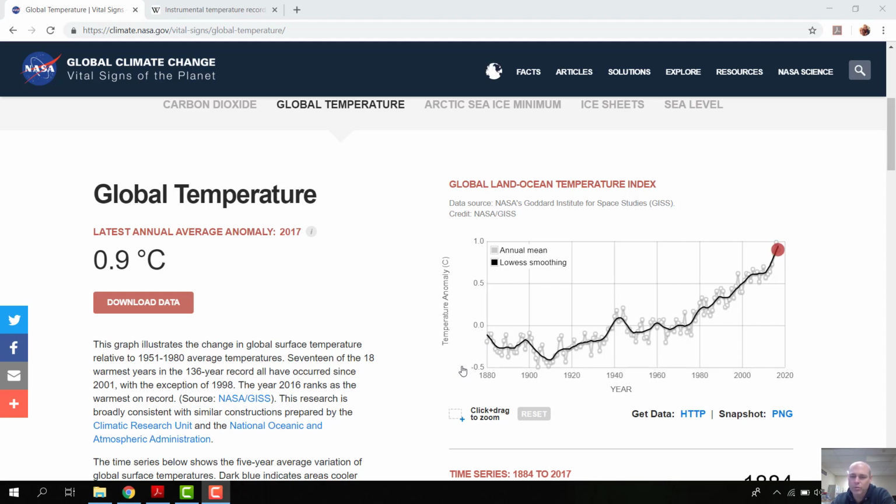So differences between high and low temperatures and averages. You can think of it as just the average global temperature over time. And what you're seeing is, especially since maybe the 40s or 50s, temperatures have continued to increase. They've gotten warmer and warmer.